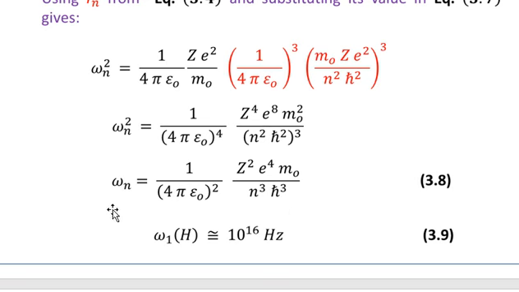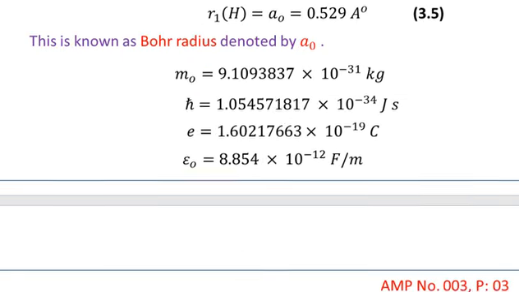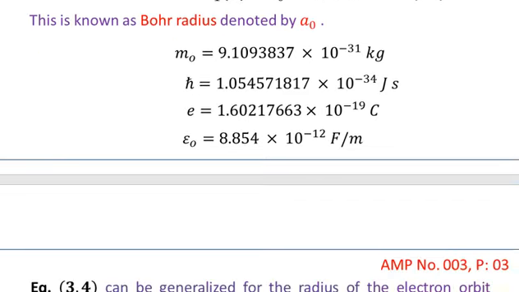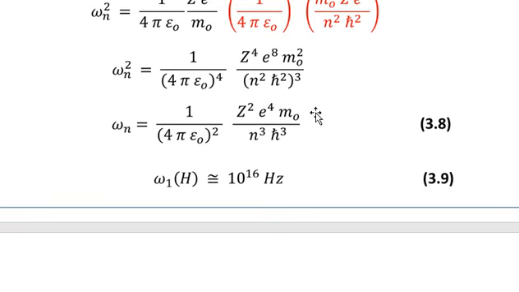And here you can find out the value of omega 1, that is the value of the angular frequency corresponding to the first orbit of the electron around the hydrogen atom, which is approximately equal to 10 to the power 16 hertz. For that you can substitute the values that I have given over here: the value of m naught, the value of reduced Planck's constant h bar, the value of the charge, the value of epsilon naught, and the value of capital Z equal to 1.